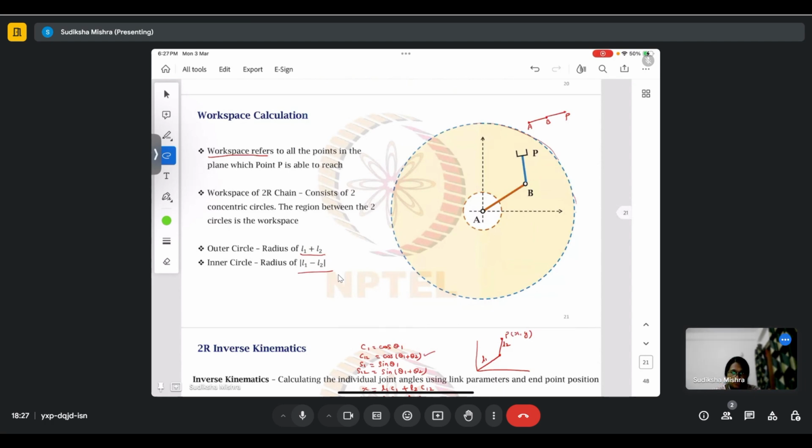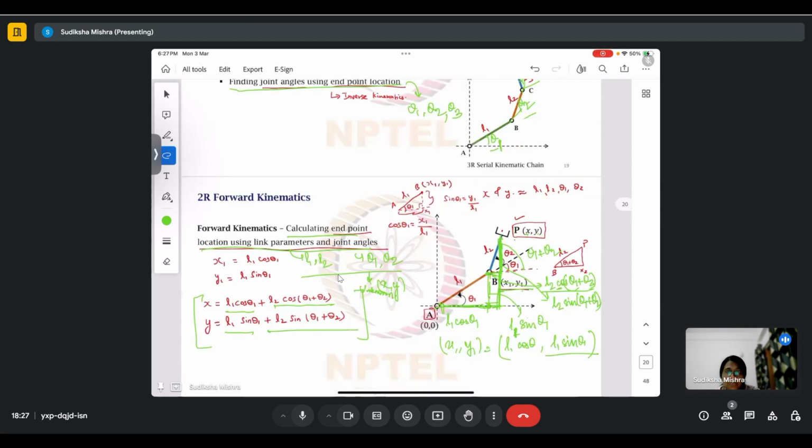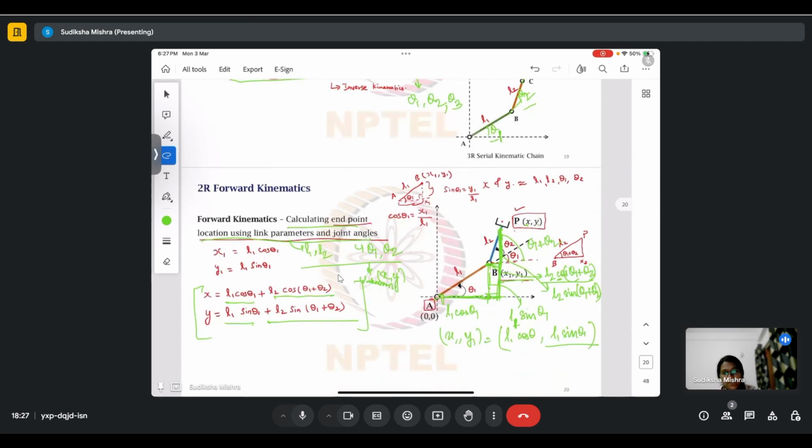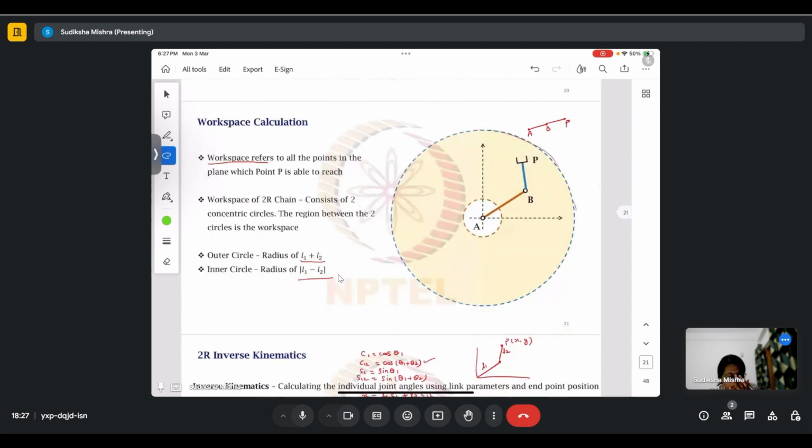Okay, so you now know how to compute x comma y given L1, L2, theta 1 and theta 2. One more term that you might encounter is workspace, which refers to all the points in the plane that point P is able to reach. L1 and L2 stay constant.